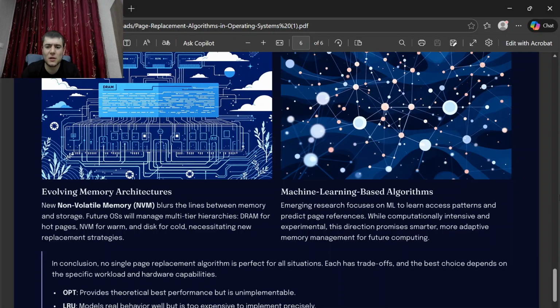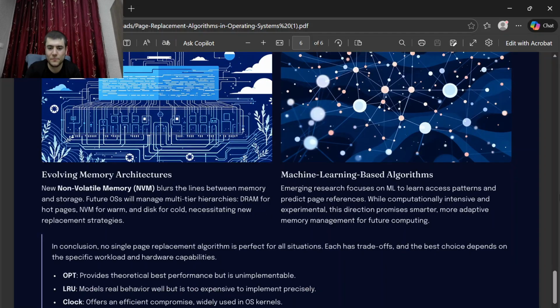Machine learning based algorithms are emerging as research focuses on ML to learn access patterns and predict page references, while computationally intensive and experimental. This direction promises smarter, more adaptive memory management for future computing.